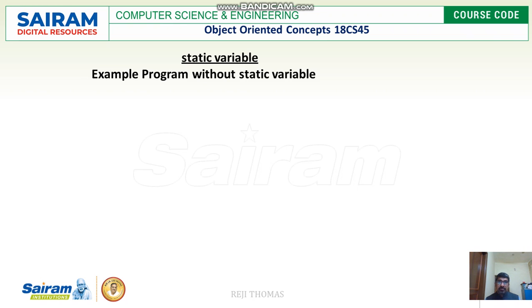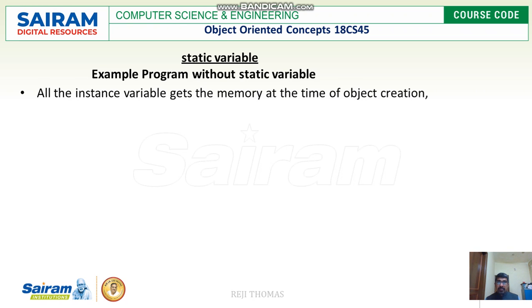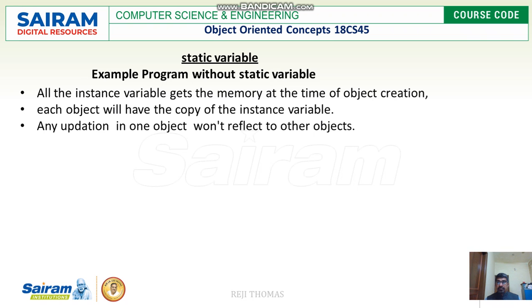First thing is how we can use the static word with a variable. So first let us see a program where we don't use static at all. Let us see a normal variable without any static. Normally, when you create an object of a class, every object is going to have its own memory, and every object is going to have its own copy of the instance variable.